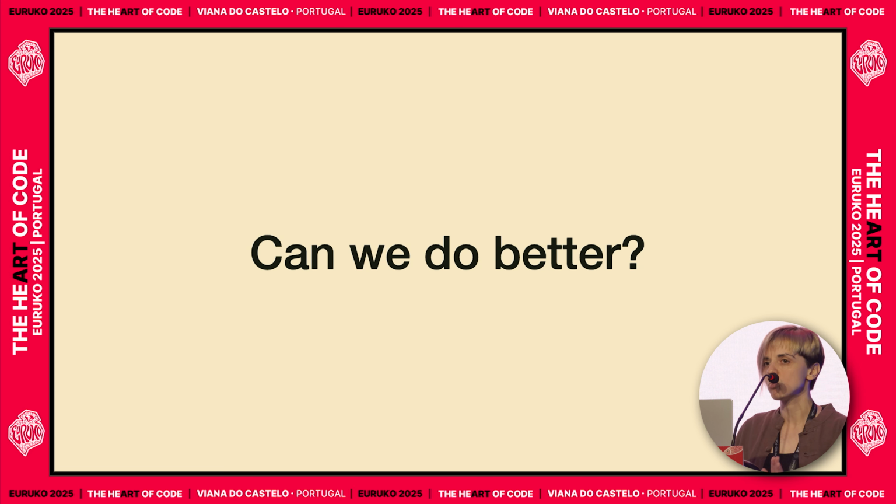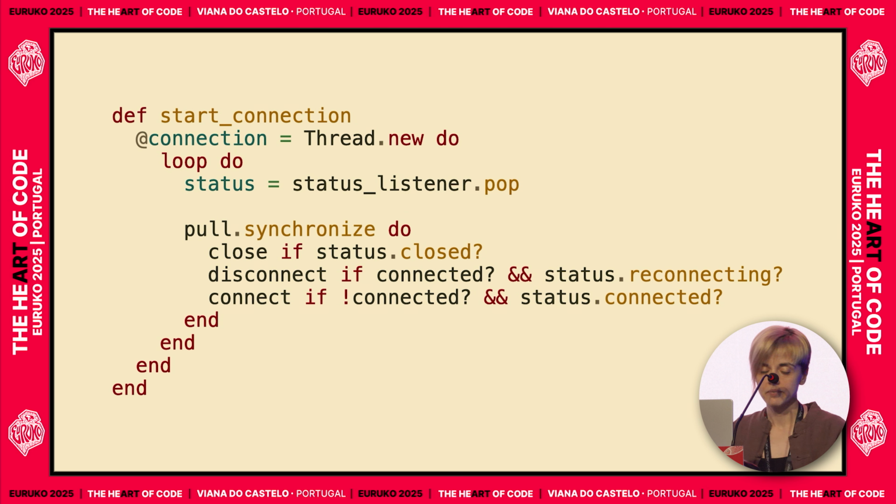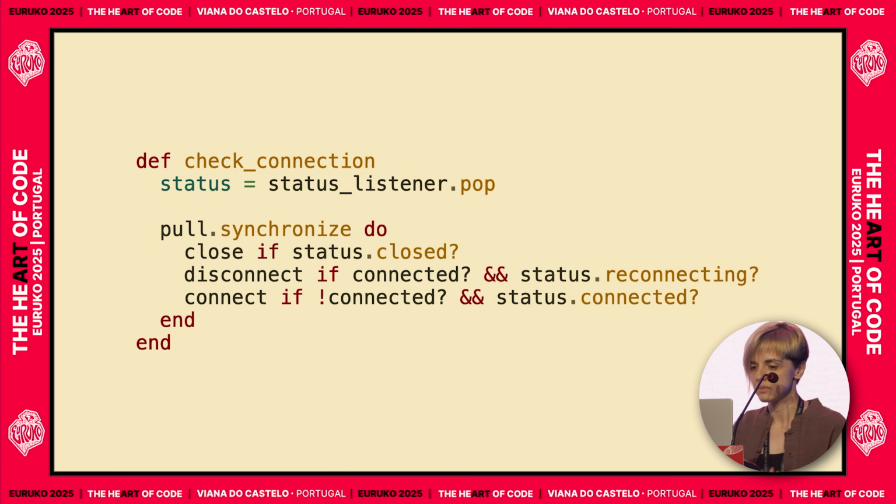So let's go back to that infamous test and look at the code itself. And oh boy, what we have here: a thread, an infinite loop, and some logic just packed inside it. But if you look closely at that piece of code, most of the logic is actually squeezed into these six lines of code. So maybe we can move it out to a different place, for example, to a method.